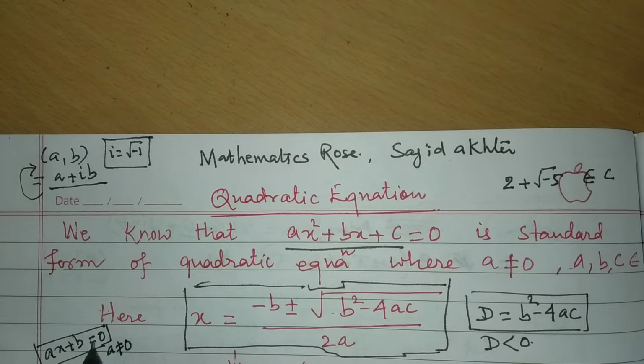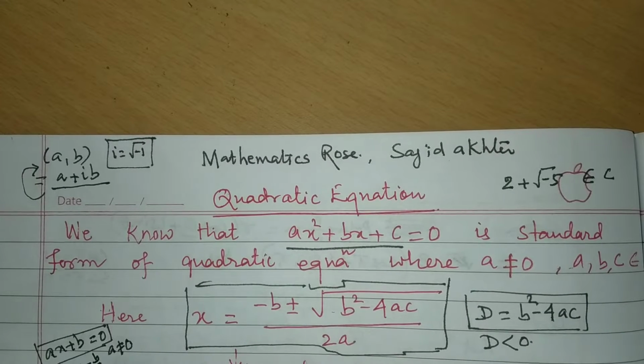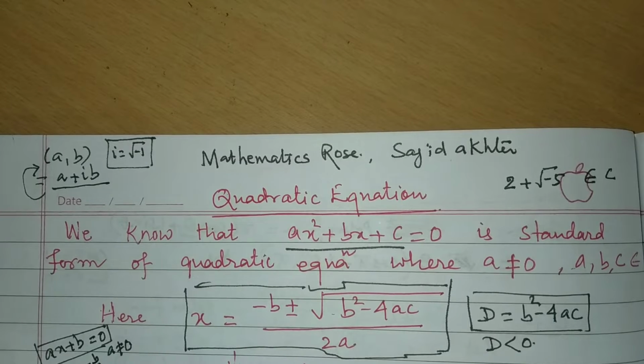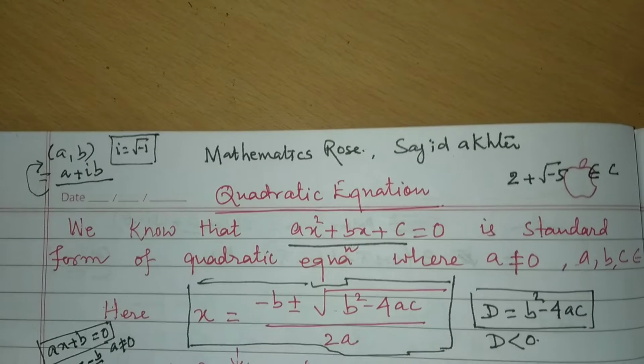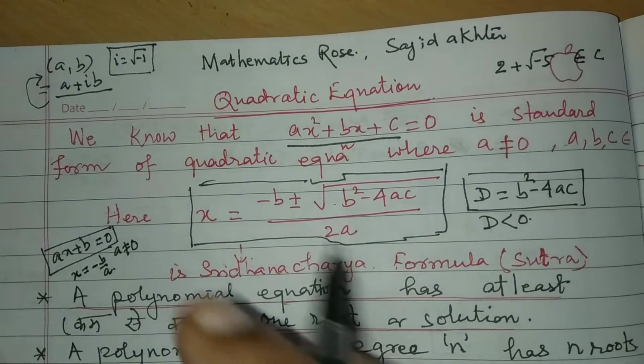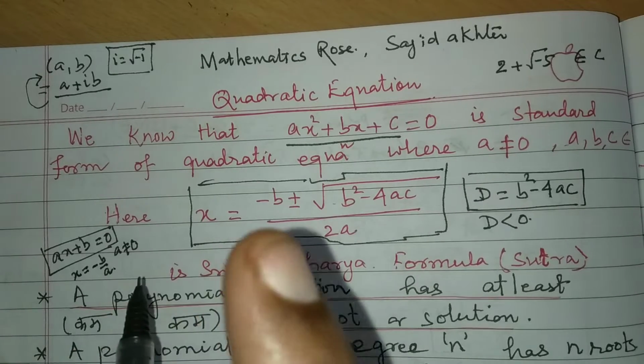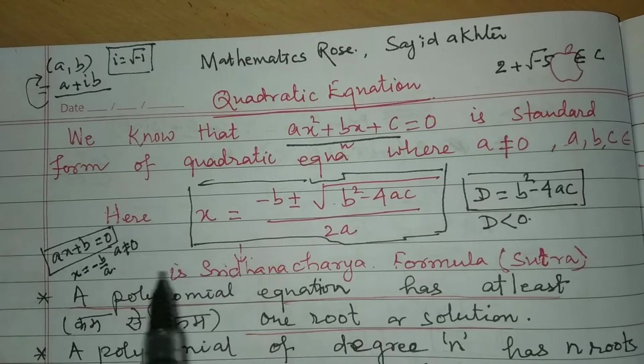If we find the value of x, it will give x is equal to minus b by a. It means that a polynomial equation whose degree is 1 always has one root.